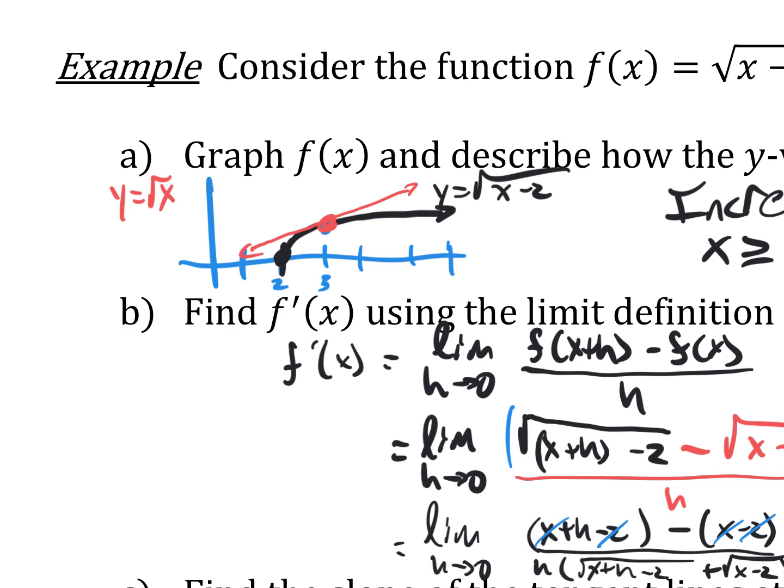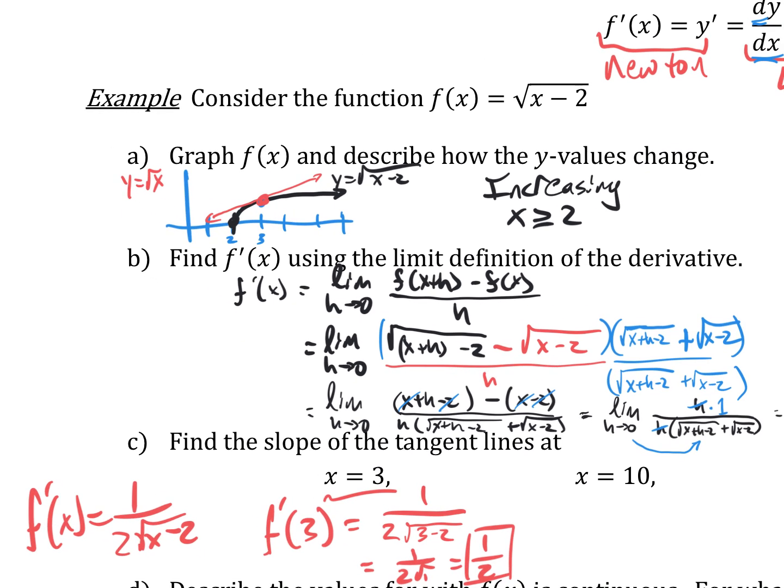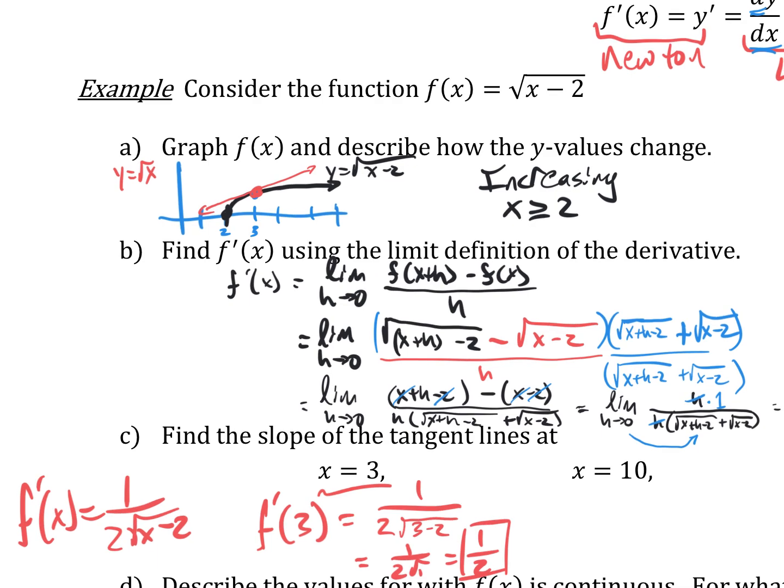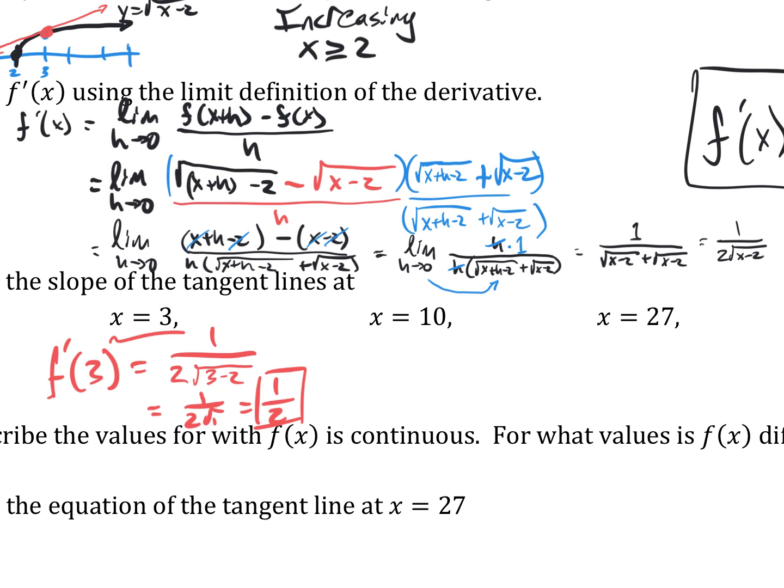So yeah, that has a slope of 1/2. Okay, what about when x is 10? Well, we've got the derivative of f at 10 is 1 over 2 times the square root of 10 minus, what is it, minus 2? Okay.